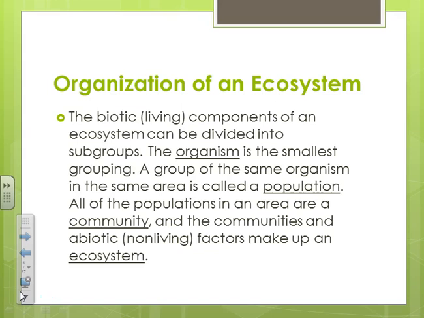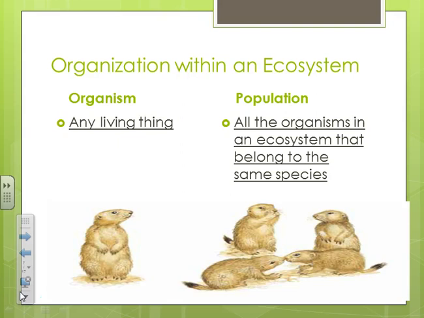All the populations in an area are called a community. And the communities and those abiotic or non-living, never living factors, those are what make up the ecosystem. Okay? So I'm going to go ahead and move forward, and we will separate this into those subgroups, and we'll talk about each of the subgroups.